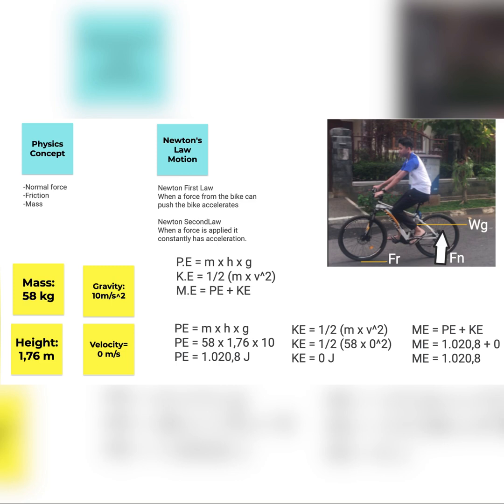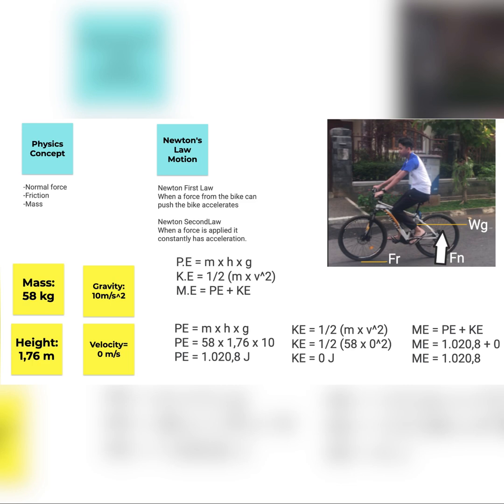As you can see, the mass is 58 kilograms, the gravity is 10 m/s², the height is 1.76 meters, and the velocity is 0 m/s. And these are the formulas for PE or potential energy, KE or kinetic energy, and ME or mechanical energy.